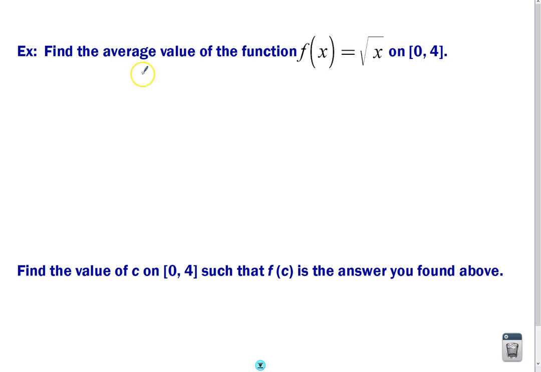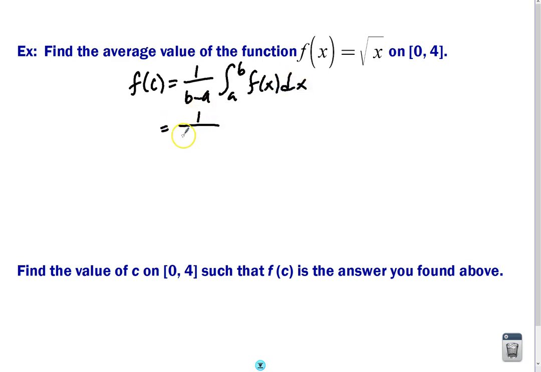So the average value, f of c, is equal to 1 over b minus a times the integral from a to b of f of x dx. So 1 over 4 minus 0, the integral from 0 to 4 of root x dx.